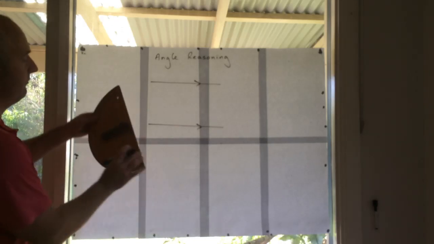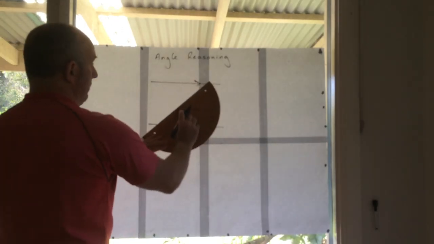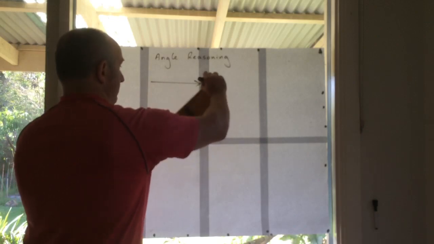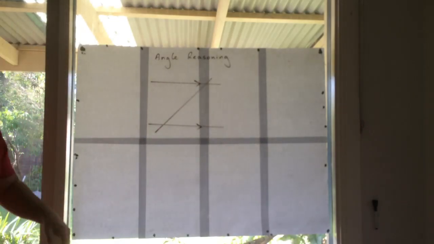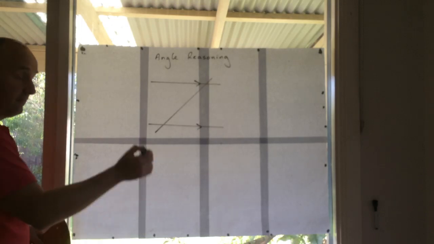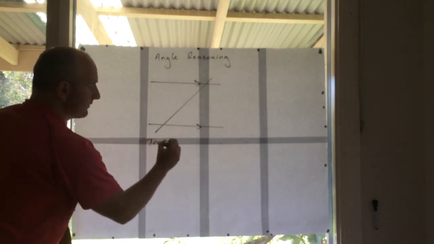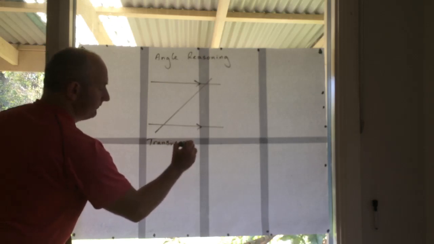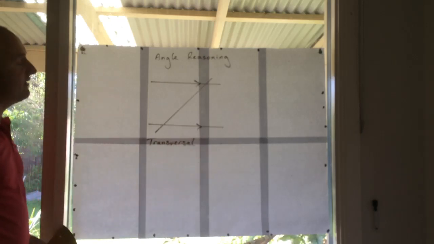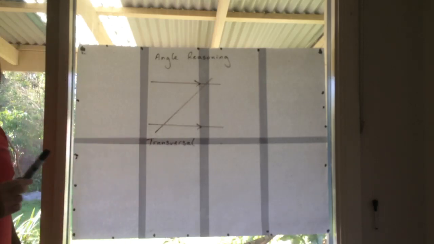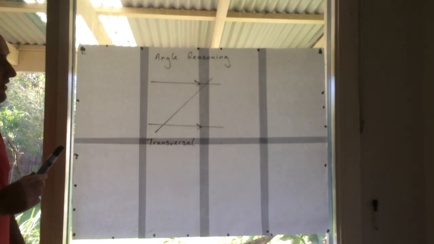What I'm going to do is connect these up with a line here. And I'm going to write down the name of this line because it's a really important name. Transversal. I think you should copy that down as well at the end. This line here is called a transversal line.